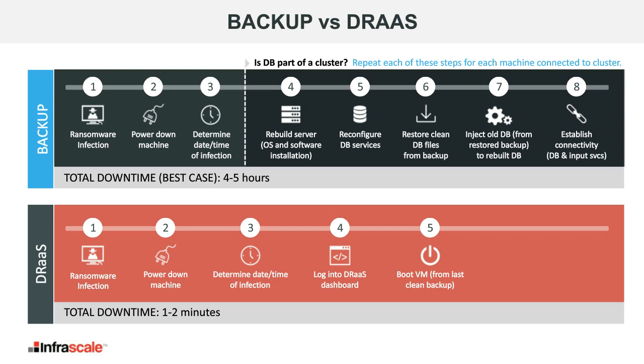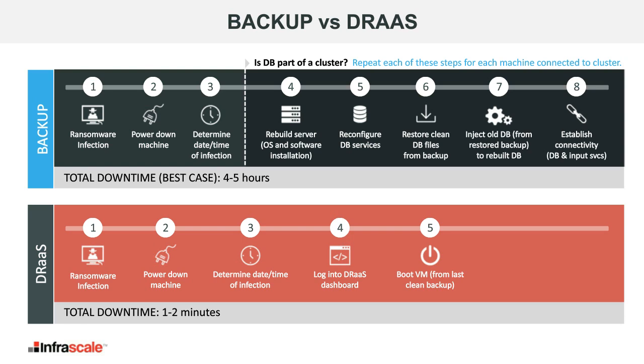With backup, we're looking at the top here. With a cloud backup solution, essentially 4 to 5 hours is your best case scenario. Part of the reason is that restoring applications and production databases from the backup is going to require some planning and coordination. We're just looking at the top half of the screen so far.